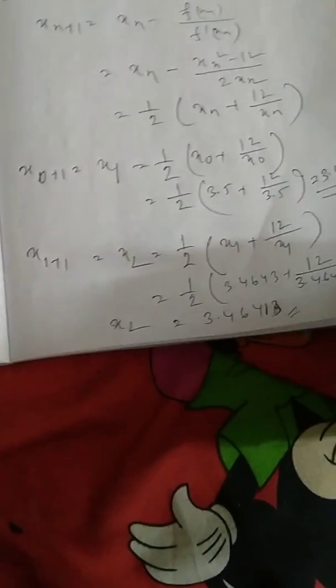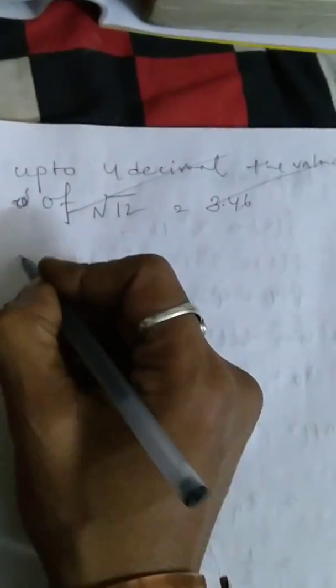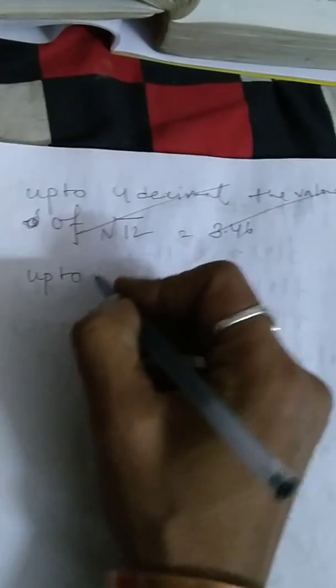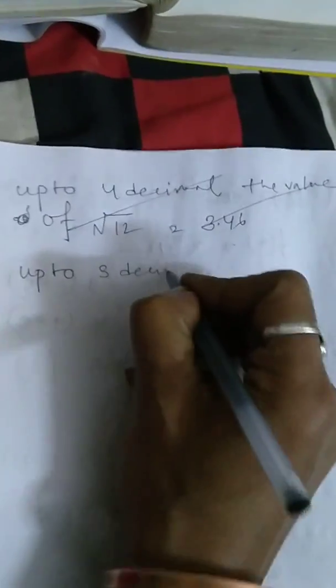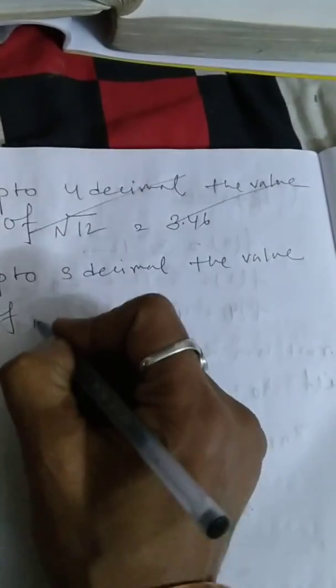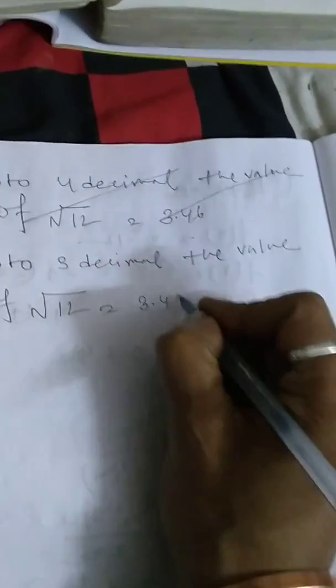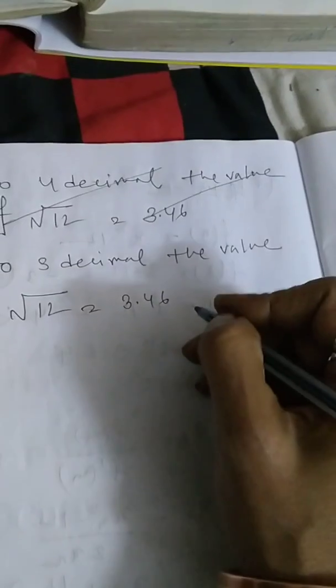But here we can say up to 3 decimals the value of square root of 12 equals 3.464.